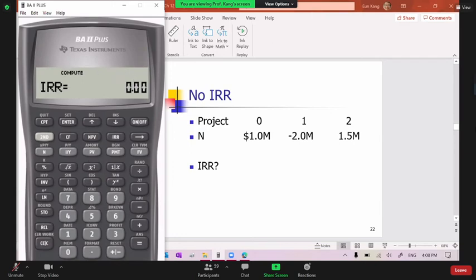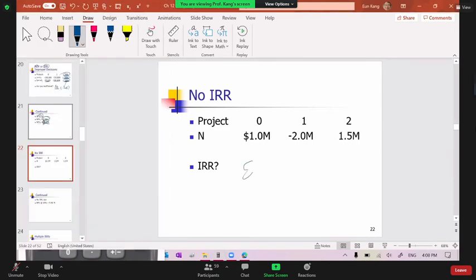Hit IRR, compute. Error 7. That means what? The calculator got puzzled, right? It cannot calculate IRR. Look at this. This project, there is no IRR.